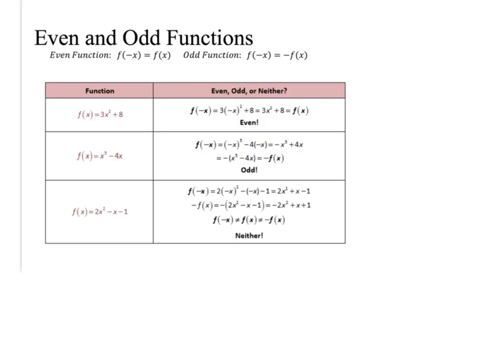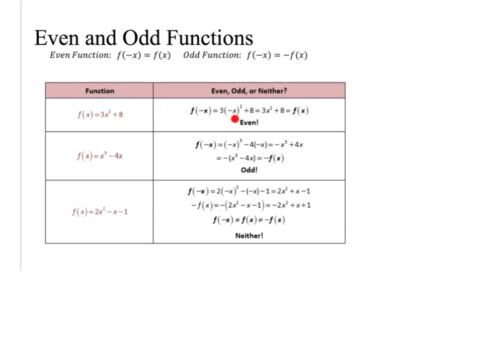So for instance, in this first function, 3x to the power of 2 plus 8, what we're going to do is substitute -x into the function for x. So you can see we put -x in the function. So negative x goes in for x, and negative x squared gives us x squared.